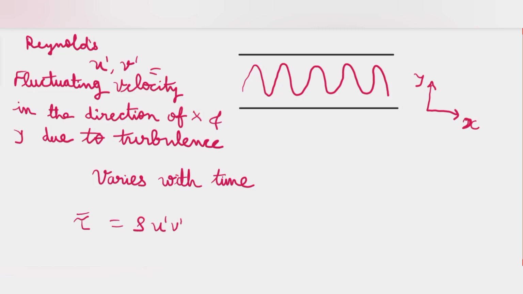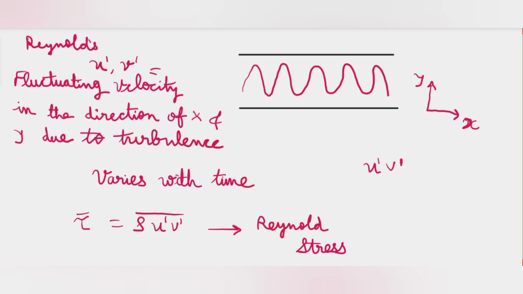But this equation also had its limitation, because of which another scientist did some work. His name was L. Prandtl. His theory is popularly known as Prandtl mixing length theory for turbulent shear stress. What was the limitation of this equation?